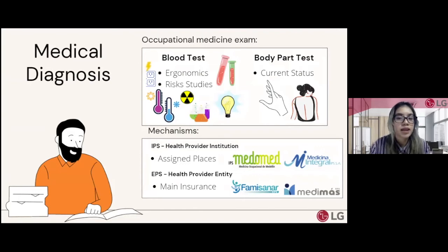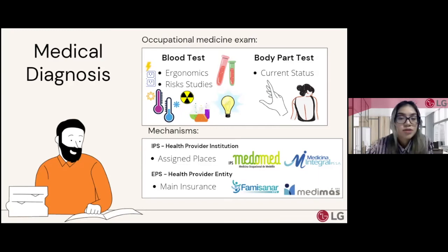Ergonomics are some specific measures in the conditions of the work environment: the light, the temperature, the smells, the toxic elements, or any other chemicals that the person is going to be exposed to. And that is why the blood test is taken. And the body part test is to check the main body parts, such as the hands or the eyes of the person, and whether he or she is able to develop the job that we are looking for.